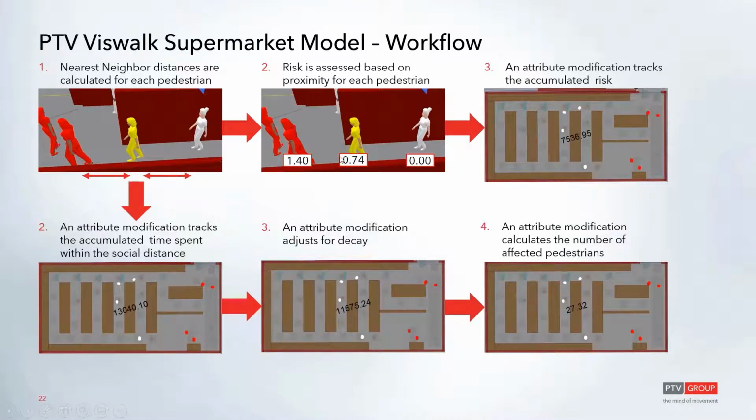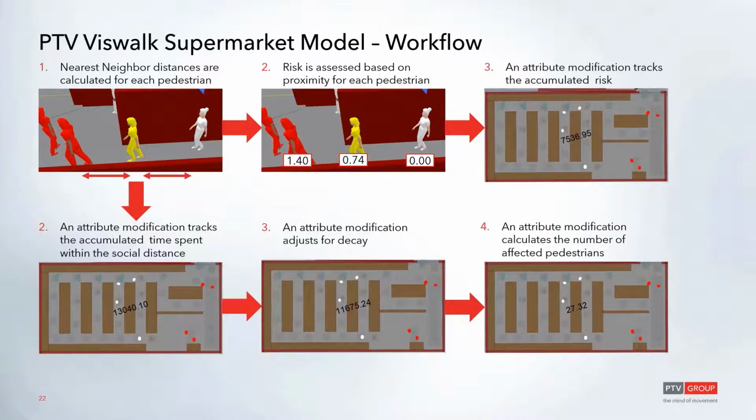The first track is, with that nearest neighbor information, at the pedestrian level, we analyze the risk that individual pedestrian is experiencing right now. So if we look at these 3 pedestrians in the queue, that first pedestrian is within 1.5 meters, and so they are accumulating a lot of risk because they are really close to other people.